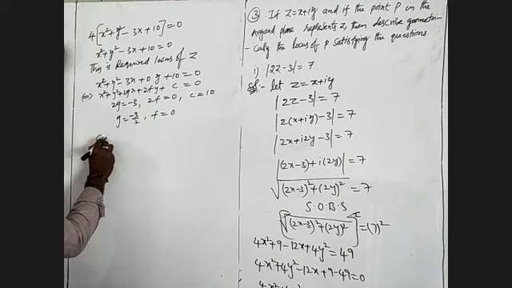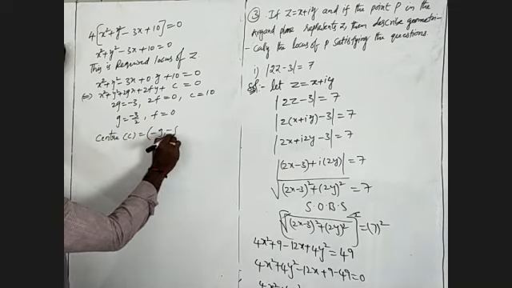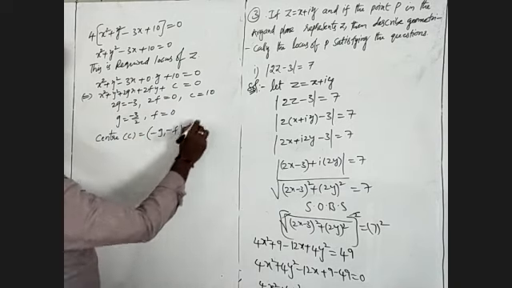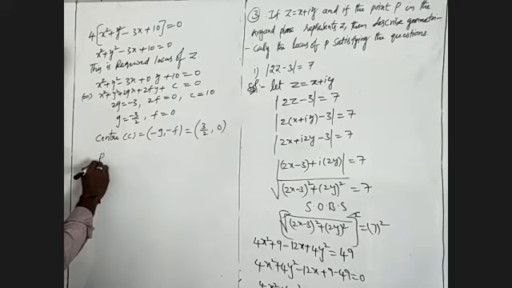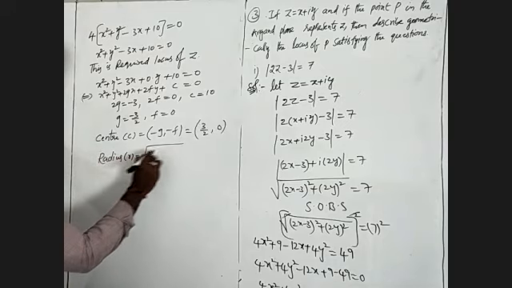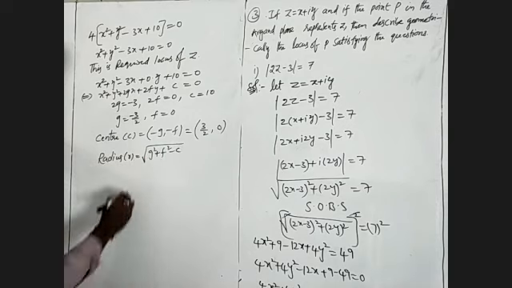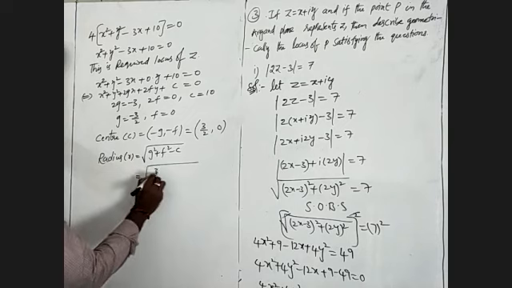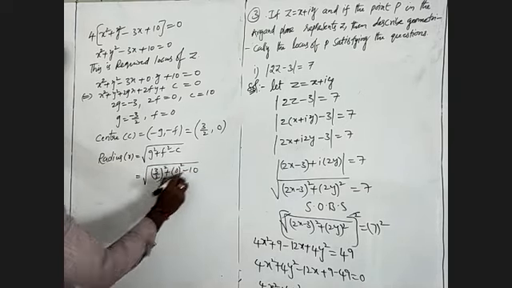First I will write center is nothing but minus g comma minus f. Minus of minus becomes plus 3 by 2 comma 0 will write. After we have to write radius small r is nothing but root of g square plus f square minus c will write. That means root of (3 by 2) whole square plus 0 square minus c.